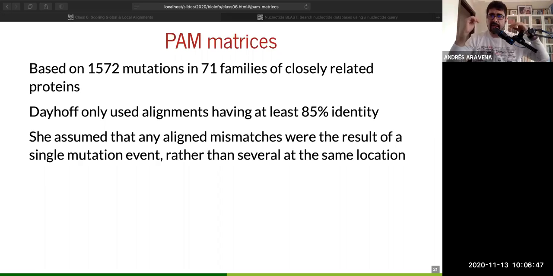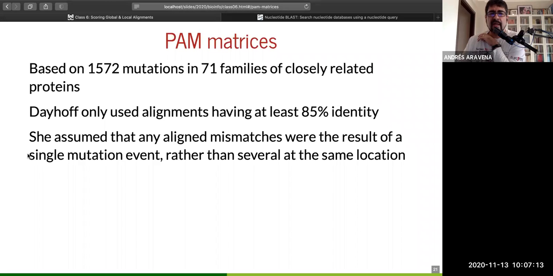The ones that don't die are accepted by evolution. So she found sequences that were about 85% identical, and she said, if they are very similar, whatever mismatch they have is a mutation that happened in a single event. This is the assumption.